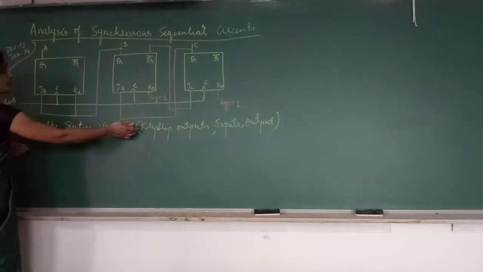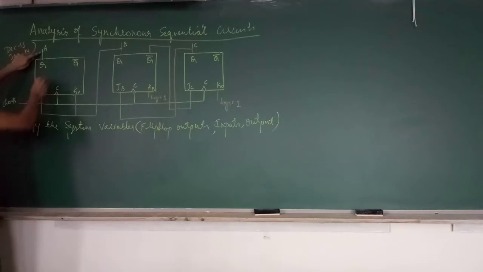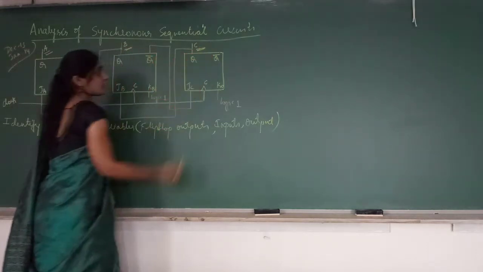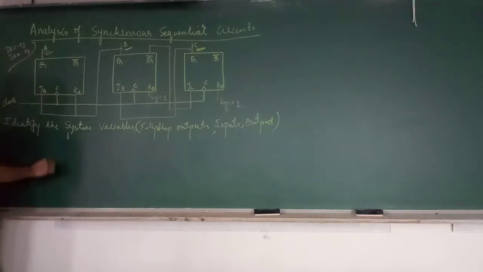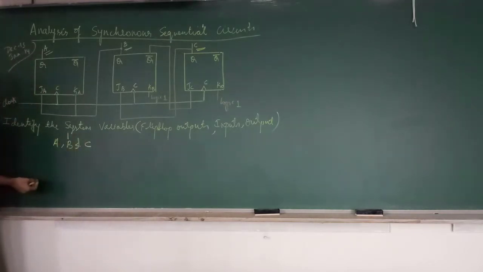See here, flip-flop outputs. Here we have three flip-flops, all are JK flip-flops, right? So in this circuit, the flip-flop outputs are what? They have denoted the flip-flop outputs as A, B, C. So A, B and C.